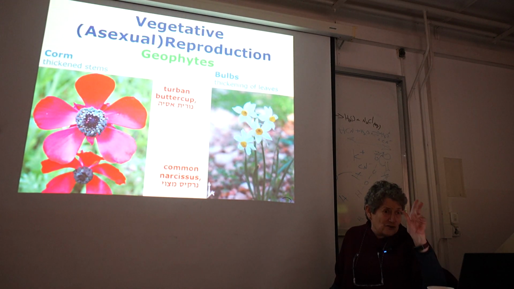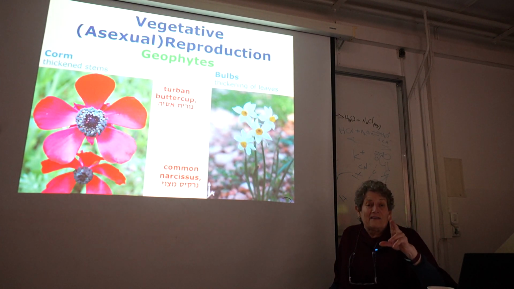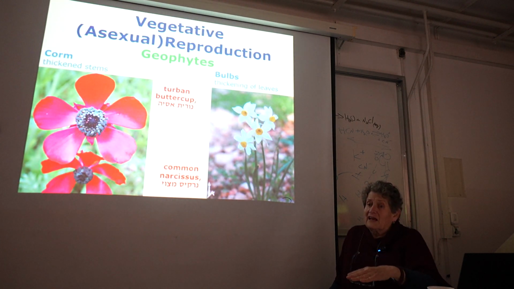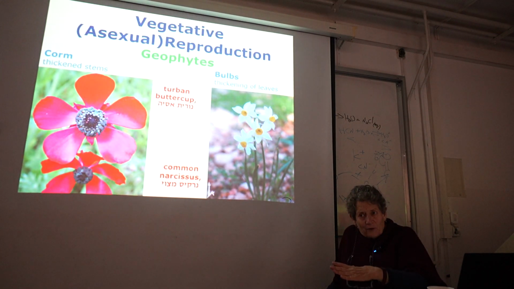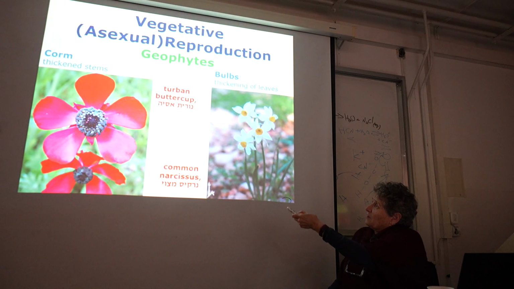We have natural tulips here, which don't exactly look like the Dutch tulips, and all of these have the same mechanism. They have flowers, and they can reproduce by flowers, but they also have, in the case of the buttercup, their corms. In the case of the narcissus, it's bulbs.